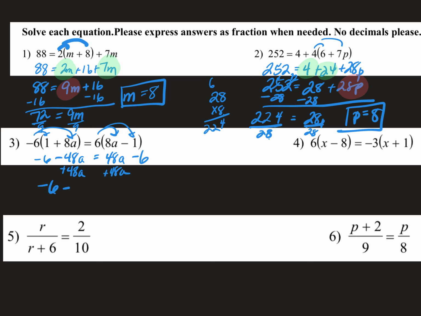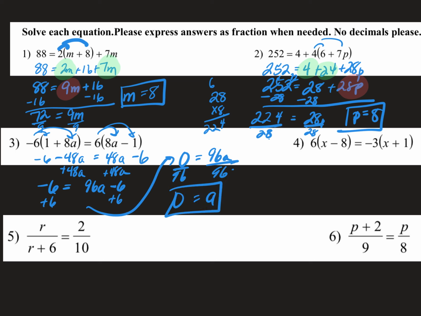So negative 6 is going to equal 96a minus 6. I'm going to add 6 to both sides. Negative 6 plus 6 is 0, so 0 equals 96a. Divide by 96. a will equal 0.